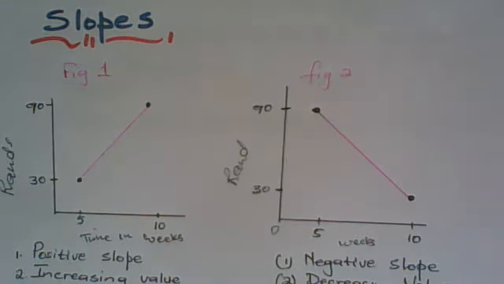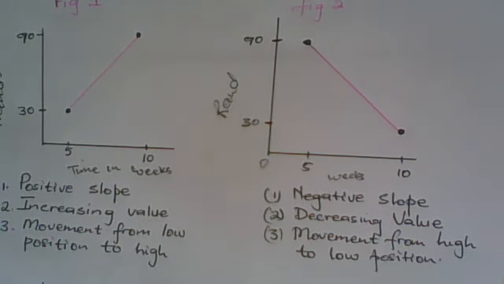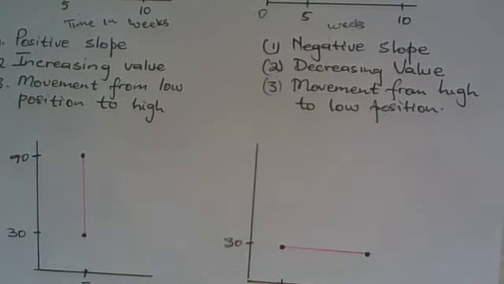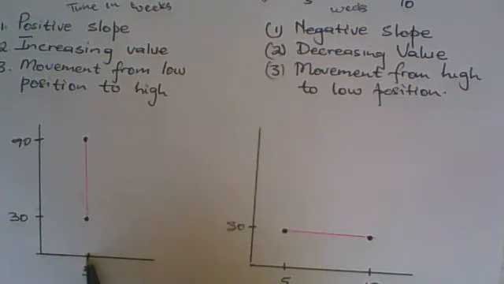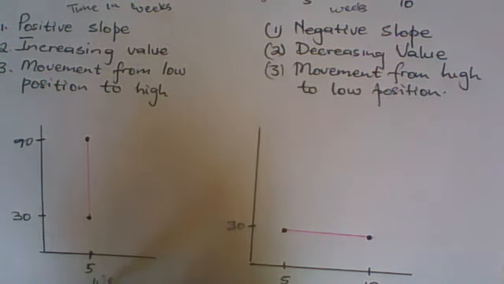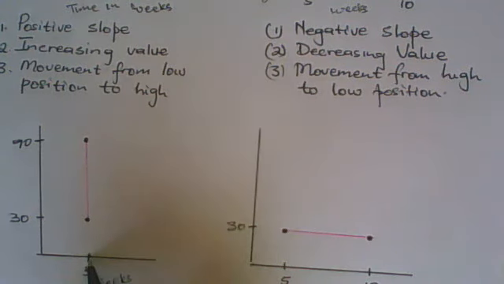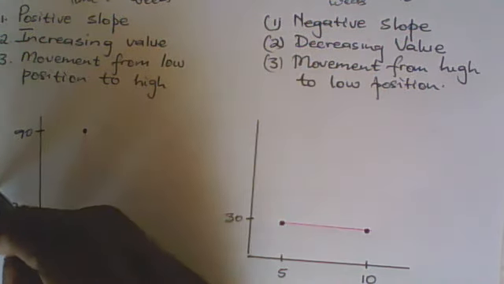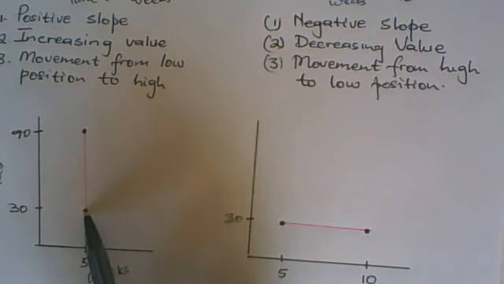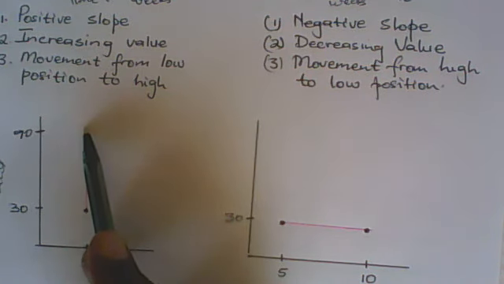Now let us look at another picture. Here, the position, that is the time in weeks, is constant. There's no movement in time, but there is movement in the rand value. At 5 weeks, 30, and then he also got 90.